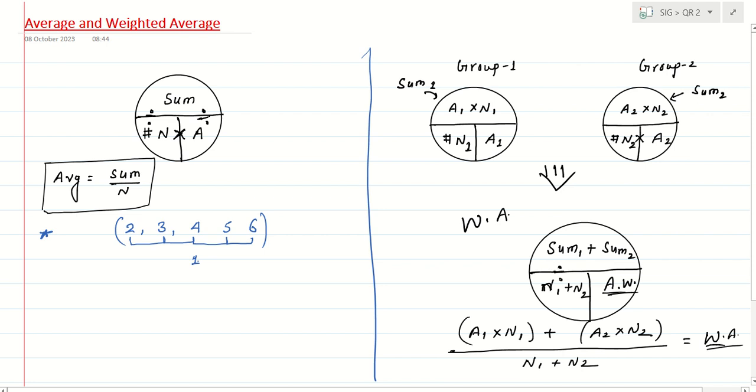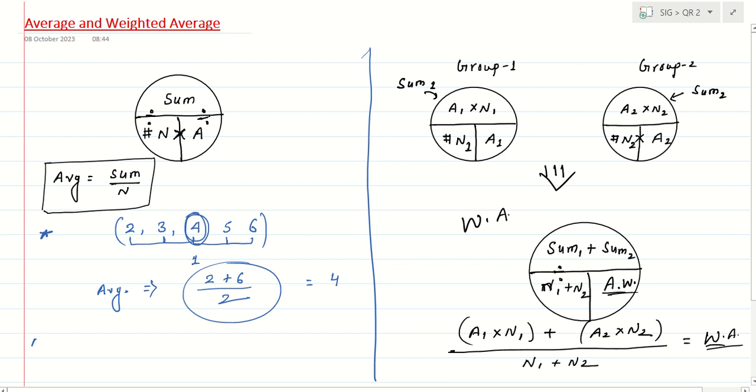So this is an arithmetic progression. To find the average of such terms is very simple. Just take the first term plus last term divided by 2. I'll get the answer 4, and that is my average.